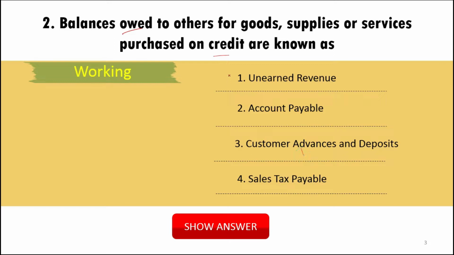Unearned revenue, no. Account payable, yes, this is the correct answer. Customer advances and deposits, no. Sales tax payable, no. It becomes account payable because this is for the purchase of goods, supplies or services.